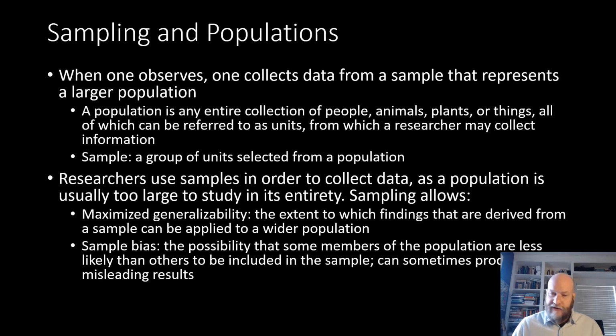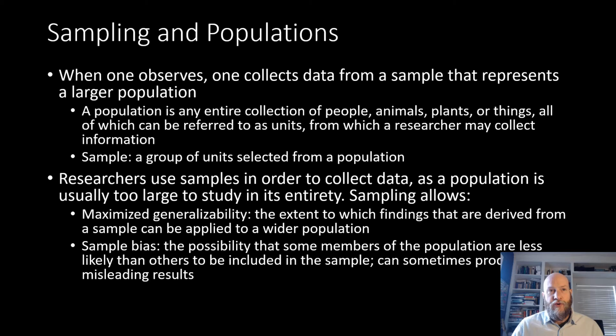However, the issue, of course, again, bias is the enemy of good science, right? So now we're faced with this idea of sample bias. There's a possibility that some members of the population are less likely than others to get selected to be included in your sample, and that introduces bias, which can lead to misleading results.